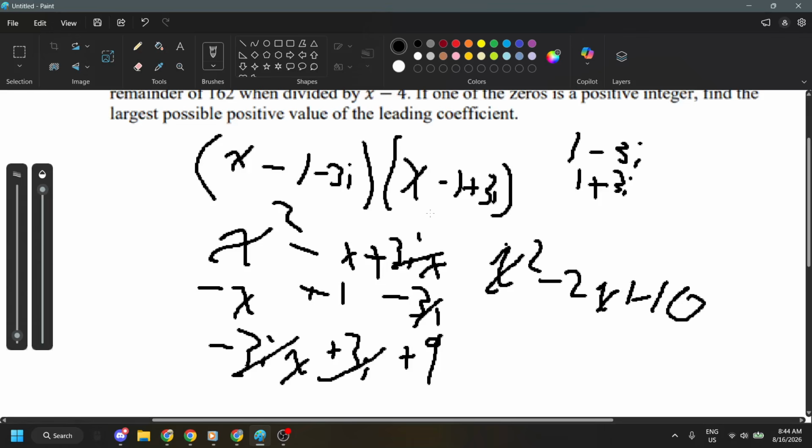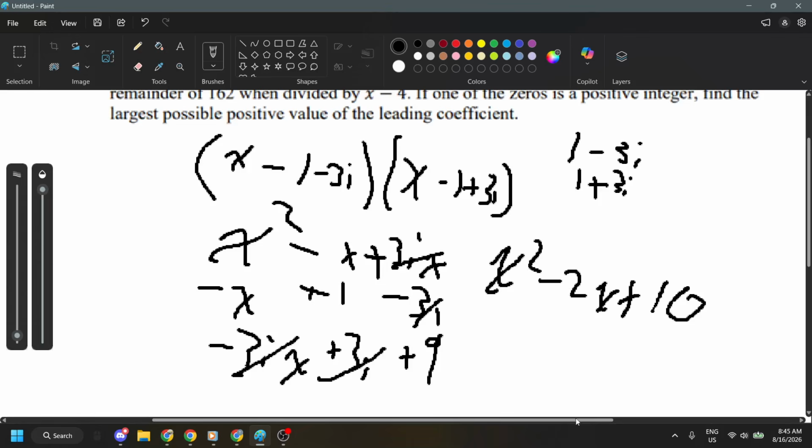Let me just think in the determinant, it's going to be b squared, which is 4, minus 4 times a times c, so minus 40. Wait, 4 minus 40? So negative 36, so yeah, okay, this is correct.